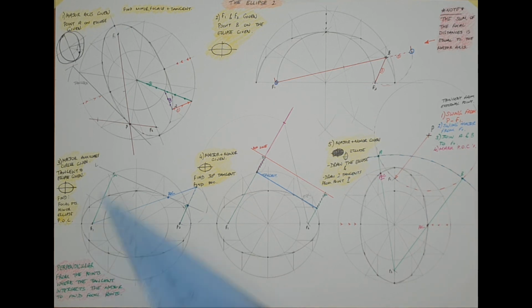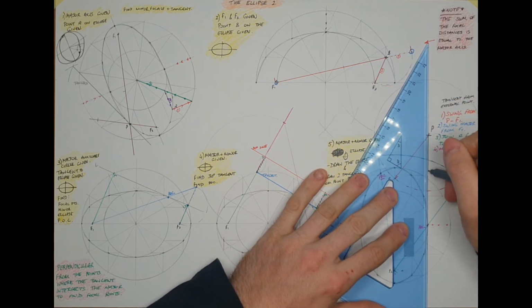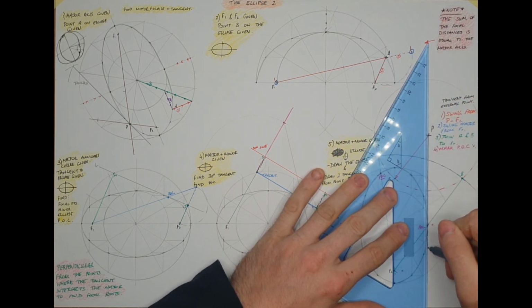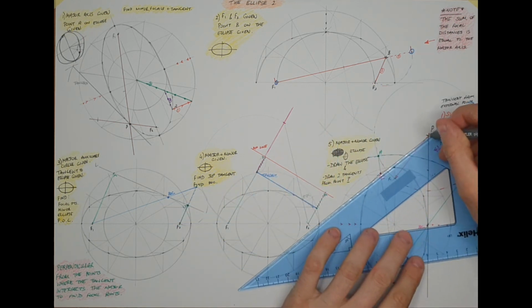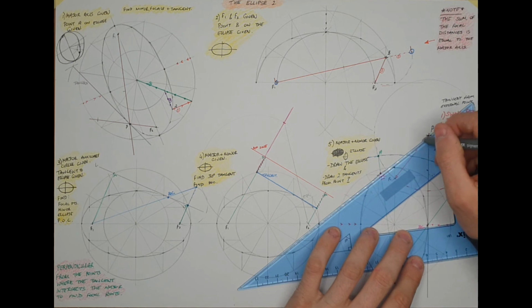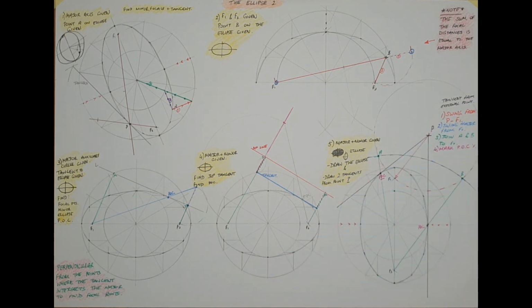It's the point of contact for the tangent from point P, going down, touching at a point and moving on along. And from point P, going in, touching at a point and shooting along. So there's our method for finding tangents from a point external to the curve.